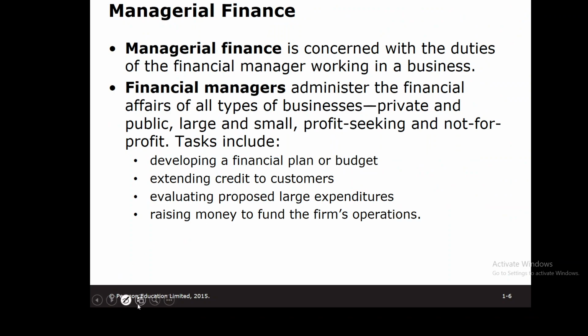If this is the expected output, then we take a look at the role of financial managers. The concern of managerial finance is looking at the business.